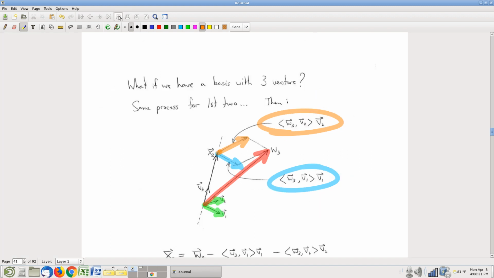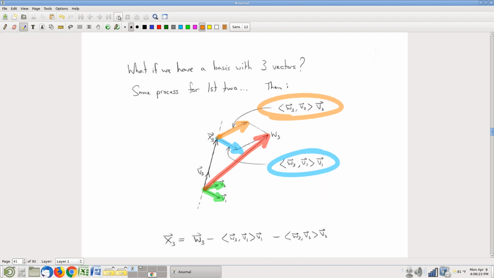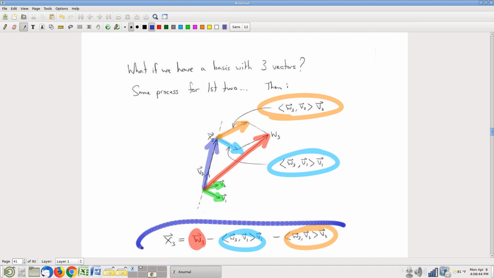And with that identified, you take that red vector, the vector that you're starting with that you don't like because it's not pointing the right direction, subtract that light blue part, subtract this orange part. You're subtracting off the parts of that red vector that you don't like. And what you are then left with is the part that you do like.